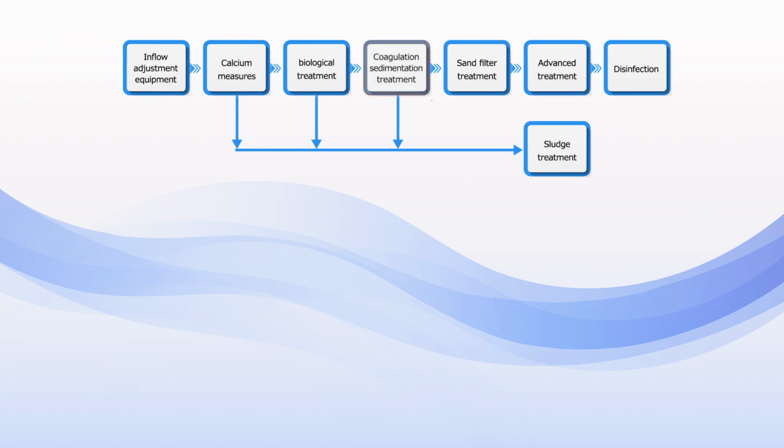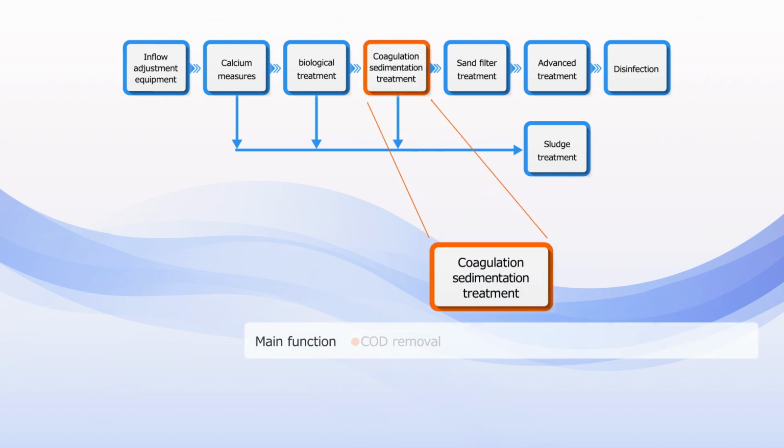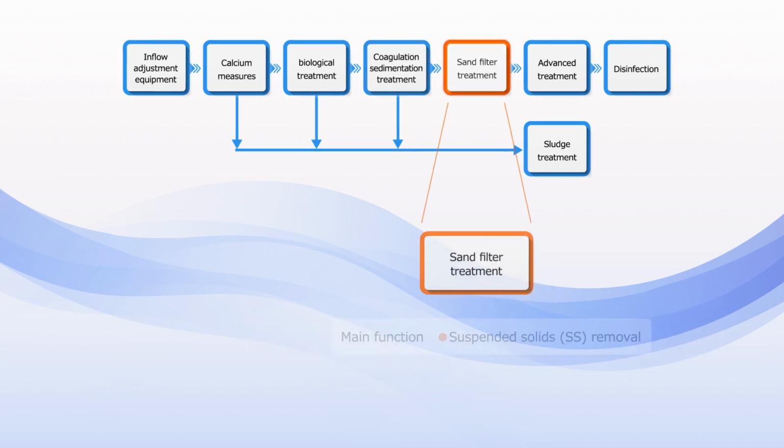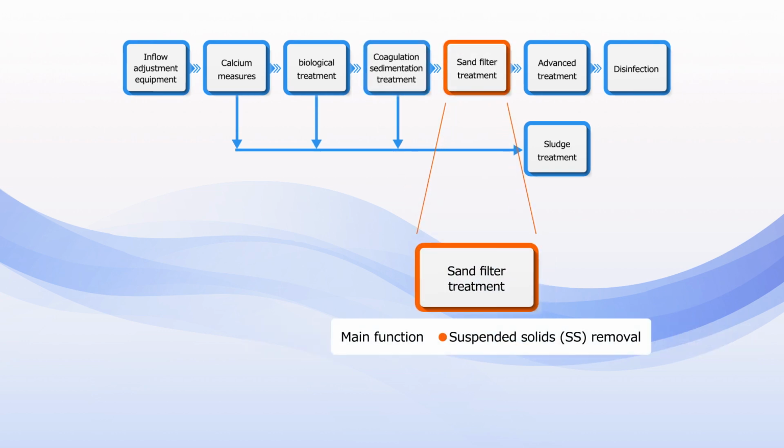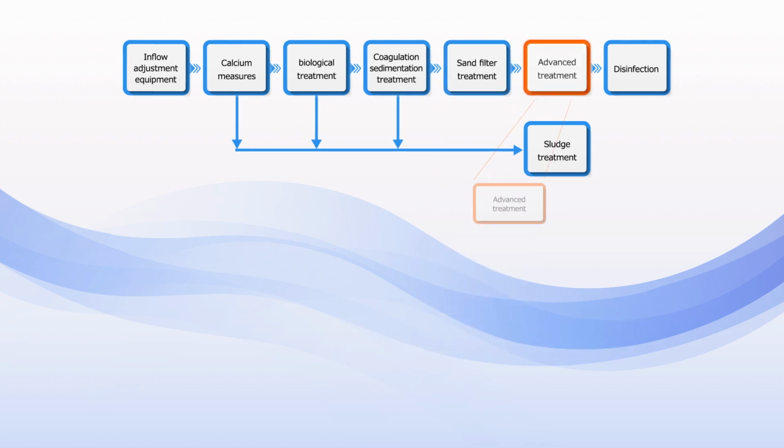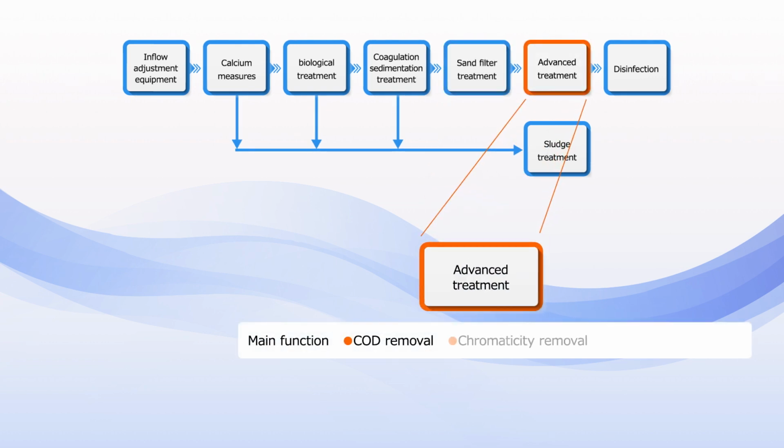In addition, functions such as COD removal, chromaticity removal, and heavy metal removal are required for coagulation sedimentation treatment. Sand filtration treatment requires a function to remove suspended solids, while advanced treatment requires functions to remove COD, chromaticity, and heavy metals.